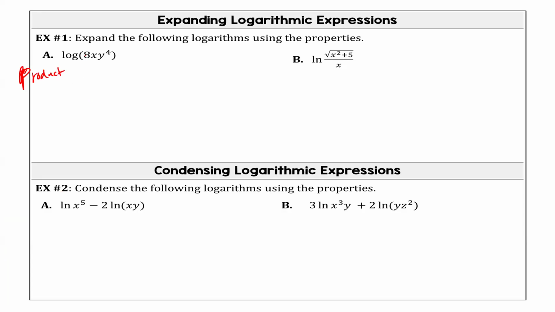Product property says that I can take each factor and write it as its own log term. Does that make sense? So I'm going to take each factor, 8, x, y to the fourth, and write it as its own log term. That's going to give me log of 8 plus log of x plus log of y to the fourth.